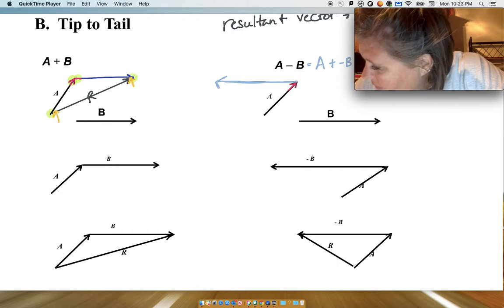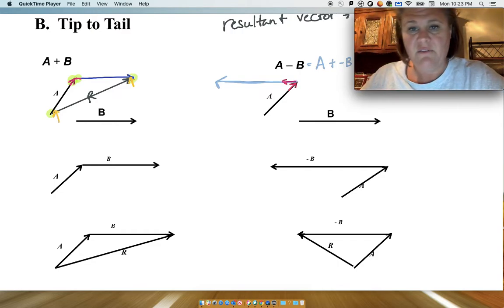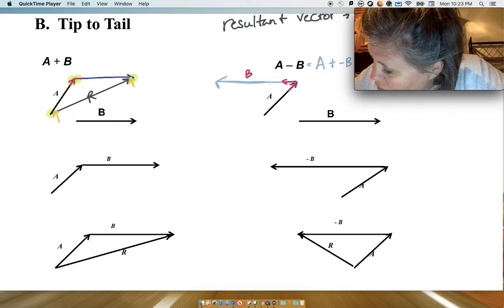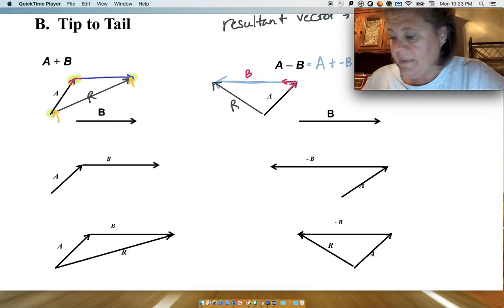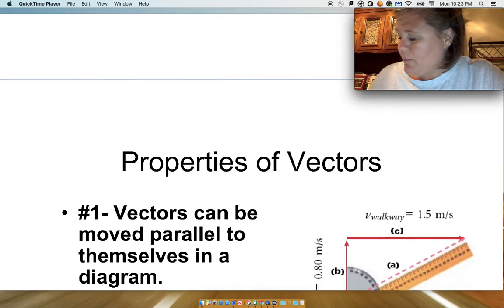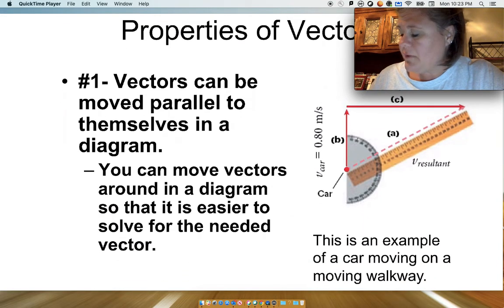So we have the tip of A and the tail of B. So this is B. And then the resultant vector will start at the tail of A and end at the tip of B. So the resultant vector looks a little different because we're taking A minus B versus A plus B. And we'll look at more of this later too.